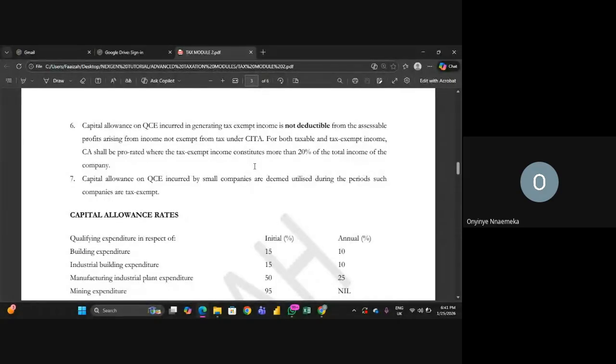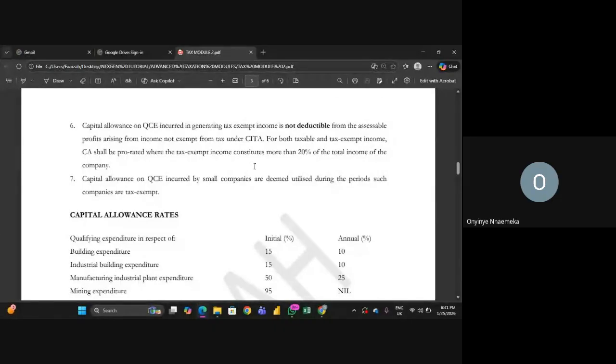The company has tax-exempt income, and there are some assets that are used to generate this tax-exempt income. You cannot now deduct capital allowance on those assets from income that is taxable. And if the tax-exempt income constitutes more than 20% of the total income of the company, you will prorate the capital allowance.